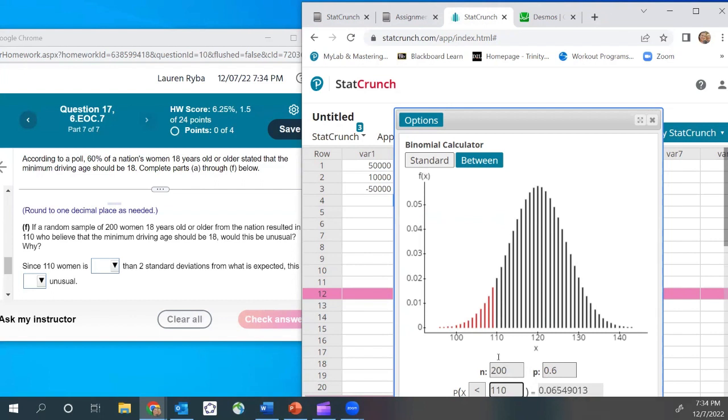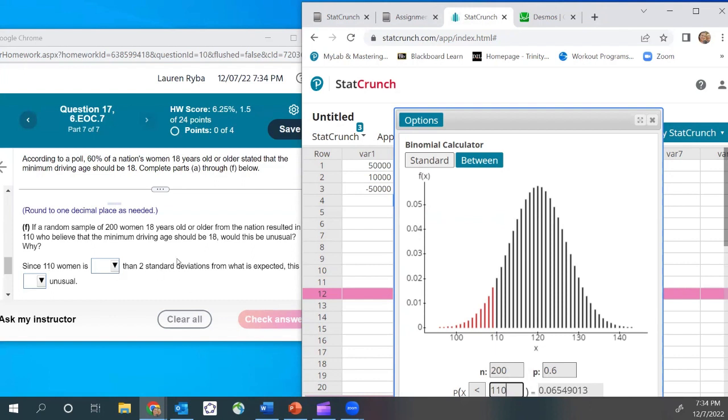So 110, that is not an unusual value. In order for it to be unusual, it's going to be 0.05 on one side, and that would then make it more than 2 standard deviations away.